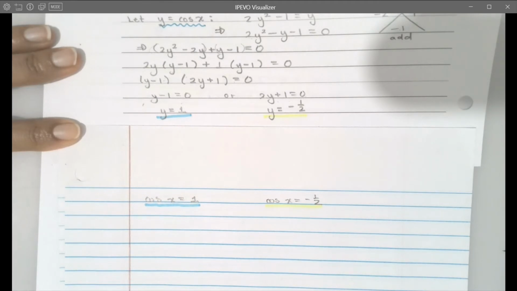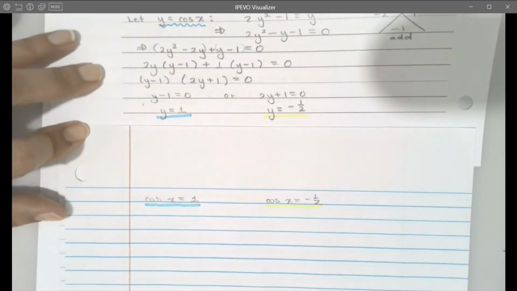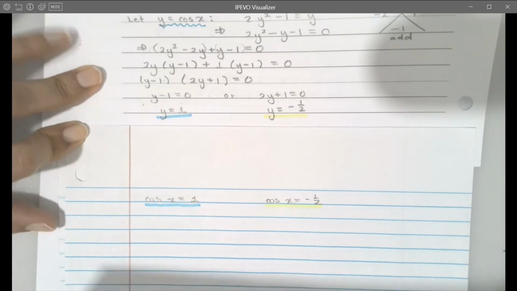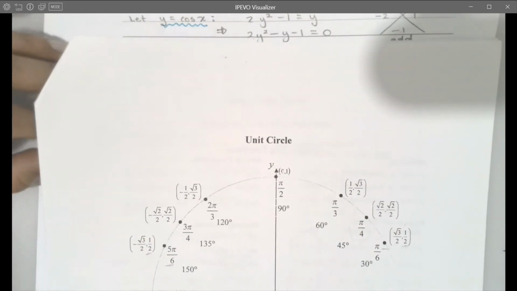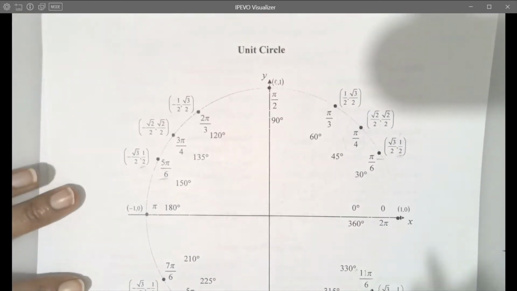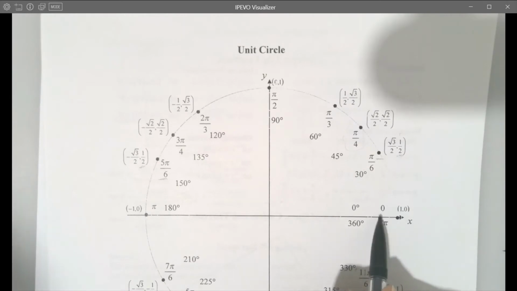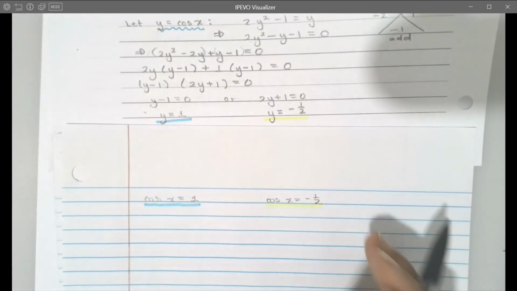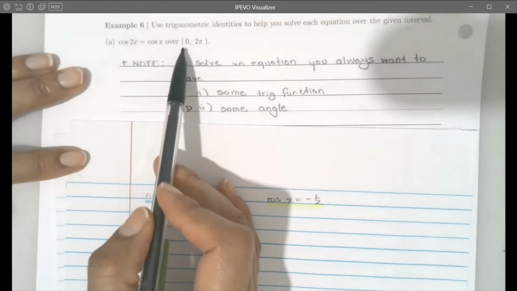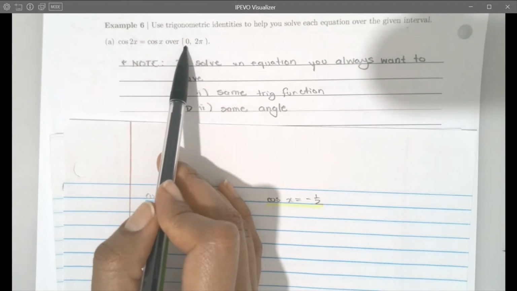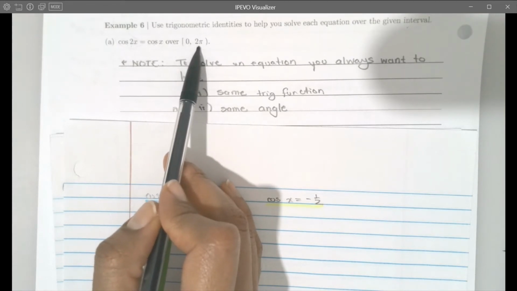Now both of these values, 1 and negative 1/2, we have on the unit circle. So for cosine x equal to 1, for instance, we just need to find all of the angles that have an x coordinate of 1. And so that's going to happen just at 0 and at 2 pi. If we go back to the requirements of the problem, they tell us that our answers need to be between 0 and 2 pi, including the 0 but excluding the 2 pi.